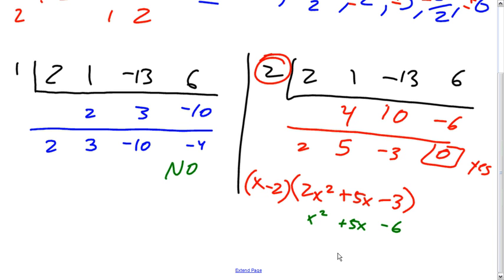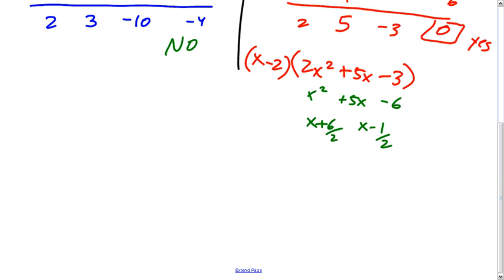That's going to be positive 6 and a negative 1. But we need to divide by that 2. So this would be x plus 3, and bottoms up, 2x minus 1.